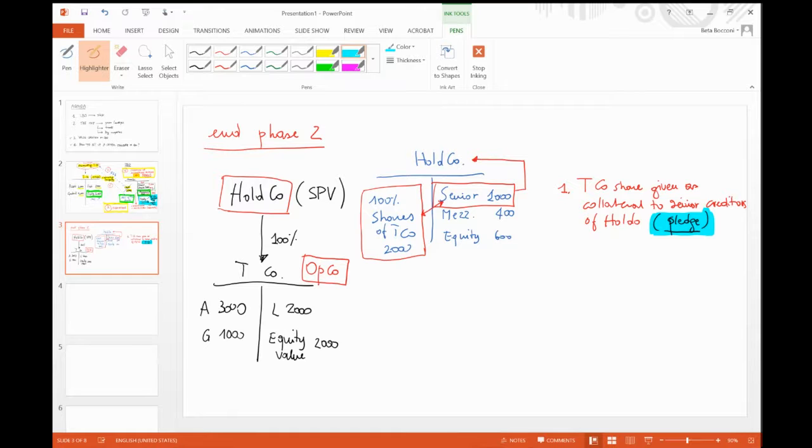The second point instead is a question for you, and I would like to hear your opinion. Why, typically, an LBO can't be stopped at this level? In particular, put yourself in the shoes of a senior creditor here.